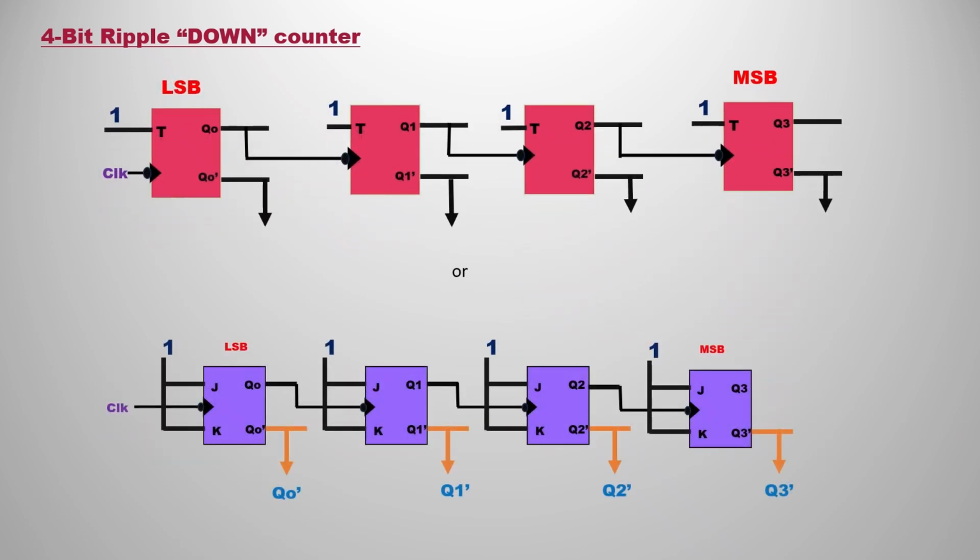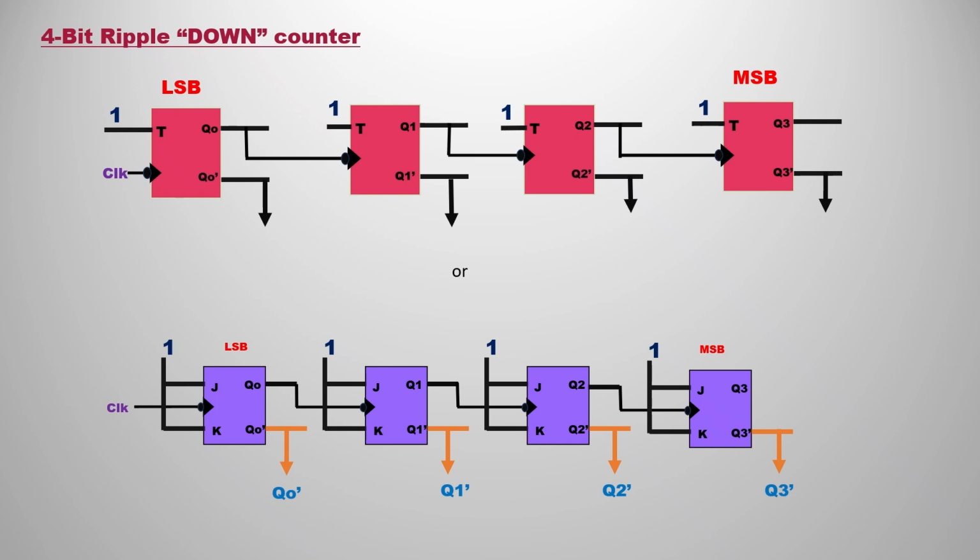I already said before, you can also use the JK flip-flop for 4-bit down counting. This is the implementation of the JK flip-flop for 4 bits. I took directly Q0 bar, Q1 bar, Q2 bar, Q3 bar in the JK flip-flop. You can take the normal Q0, Q1, Q2, Q3 also, but by joining the clocks with the bars. That is a small change in the clocks and the outputs, a small manipulation.